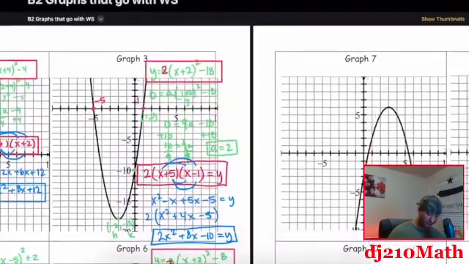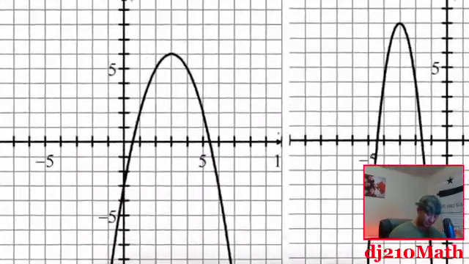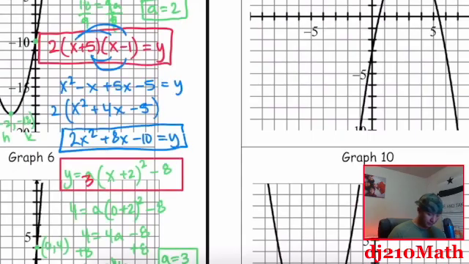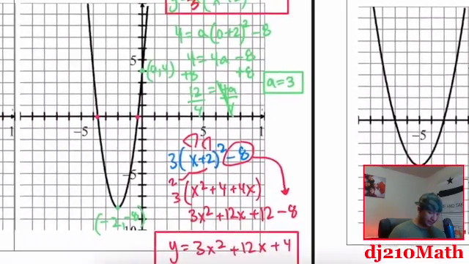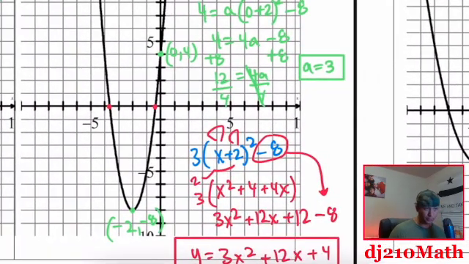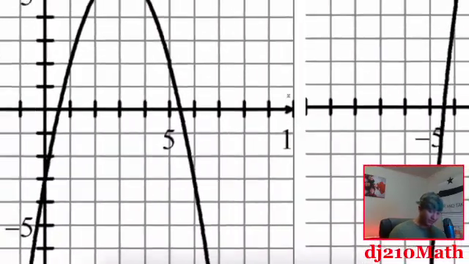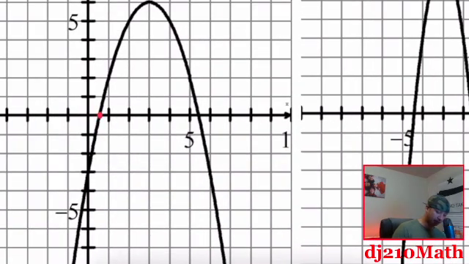All right, number 7. So notice, it didn't cross at the x-axis at a nice whole number, so we excluded the x-intercept form. At a glance, number 7 is the same way, right? It doesn't cross at a nice number. Now, is there probably some fraction or irrational square root number that crosses there? Yeah, probably.